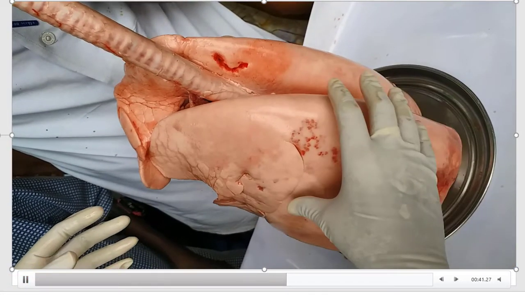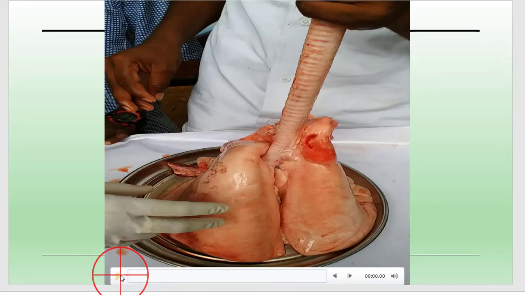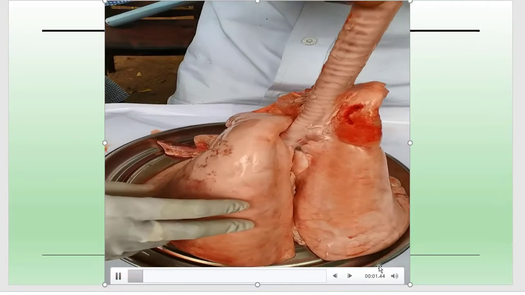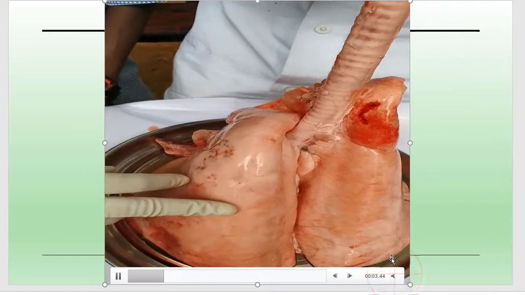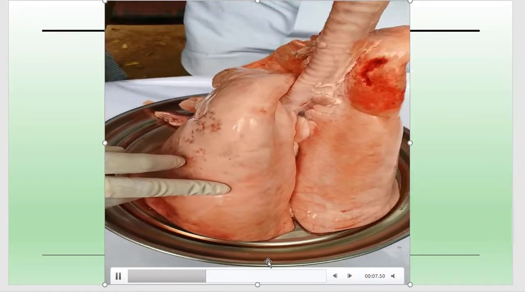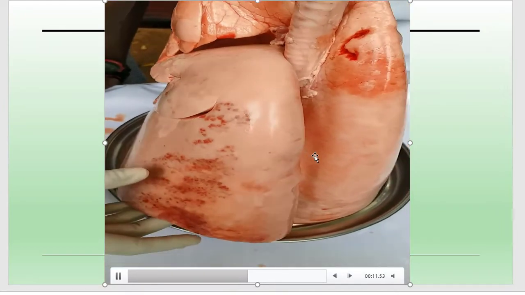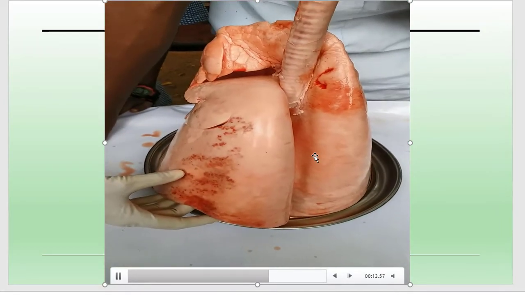What happens at the time of inhalation? I will show you now. Observe here, children, how the lung expands and gets back to its own position. At the time of inhalation, lung size is increasing. See how elastic they are.